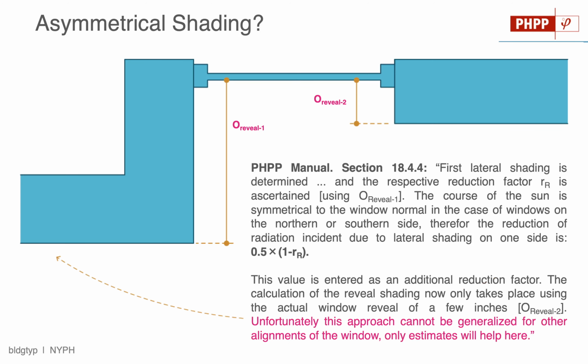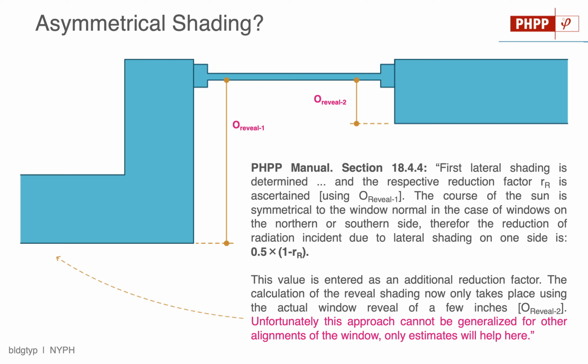So if we look in the PHPP manual, what it tells us is that the way we're supposed to handle a situation like this is that first we calculate, in this diagram, what's noted as O reveal number 1. So first we would enter the depth or the geometry for O reveal number 1. We would calculate, or PHPP would calculate, the reduction factor for that reveal.